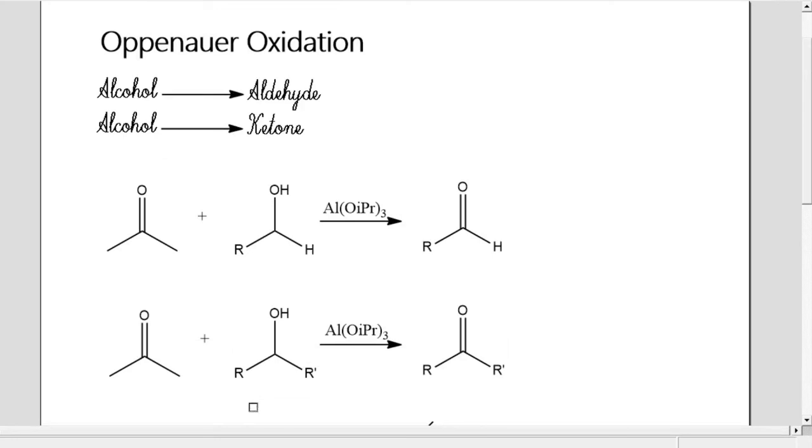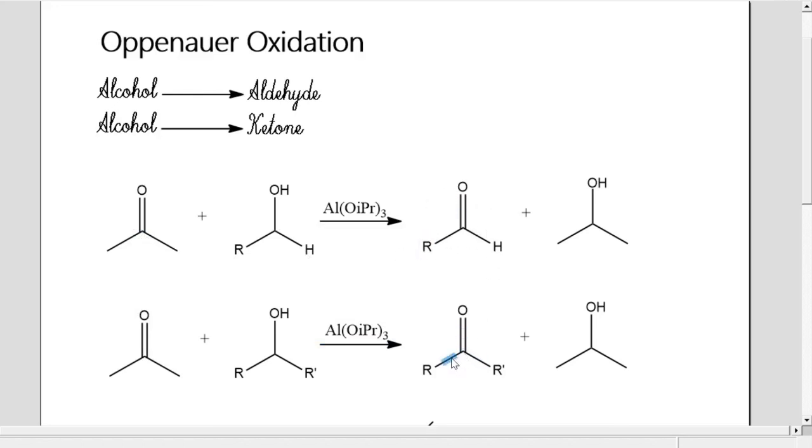One more interesting thing about this reaction: here, a ketone is getting converted into its corresponding alcohol, while the alcohol is getting converted into the corresponding aldehyde or ketone. So if our desired product is a ketone or aldehyde, we will use a cheap ketone as the reagent, and you will have this aldehyde or ketone as the product.